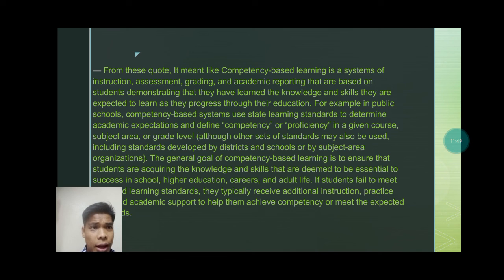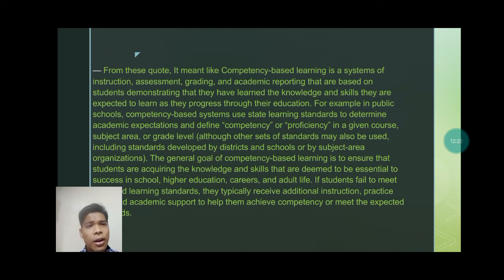For example, in public schools, competency-based systems use state learning standards to determine academic expectations and define competencies or proficiencies in a given course, subject area, or grade level, although other sets of standards may also be used, including the standards developed by districts and schools or by subject area organizations.